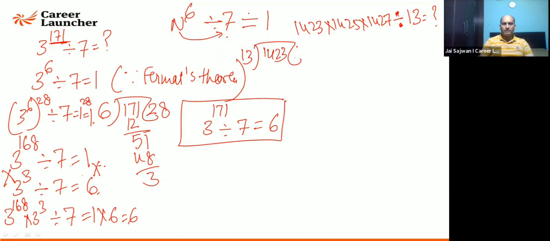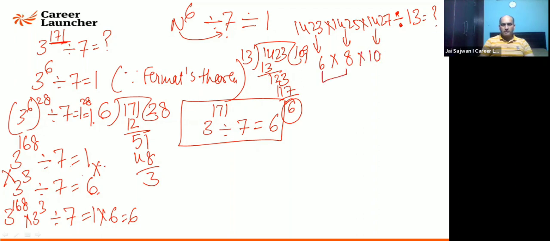That I need to divide by 13. 13 ones are 13. 13 nines are 117. Remainder comes out to be 6. So this leaves a remainder of 6. This is 2 more. Remainder will be 10. So can I say 6 8s are 48 into 10 divided by 13? Can I say 13 4s are 52?